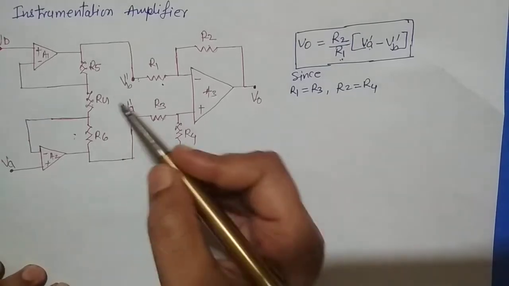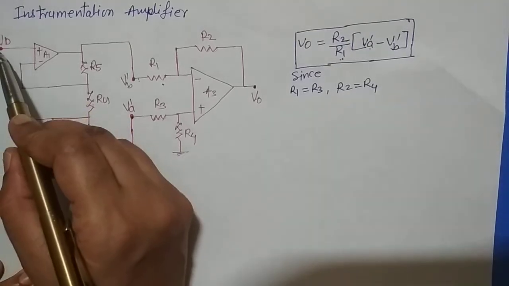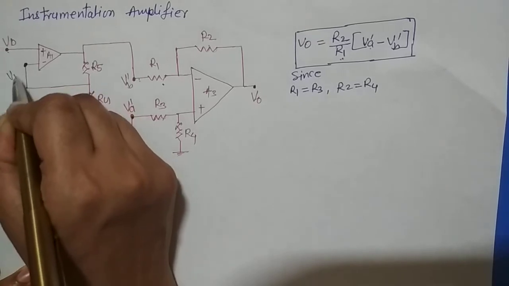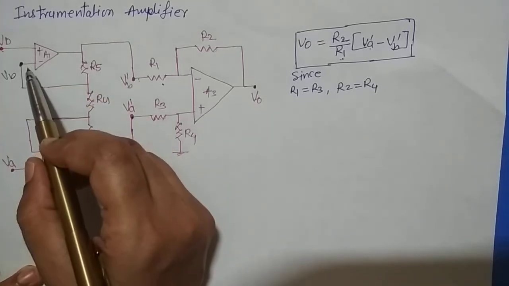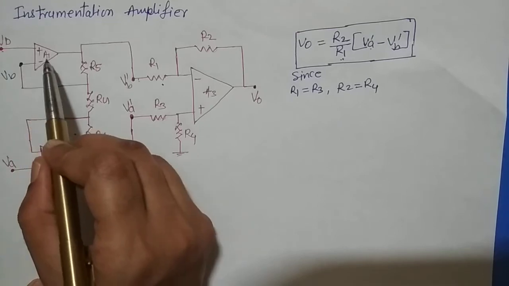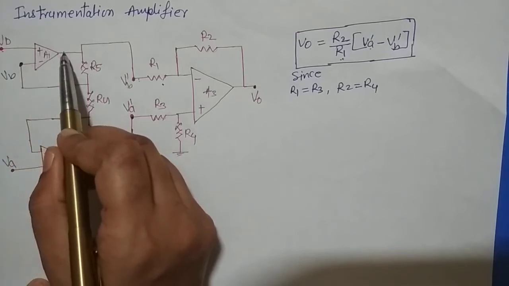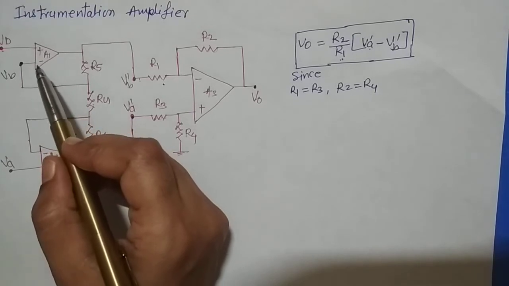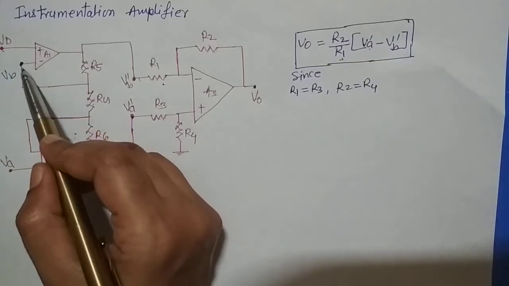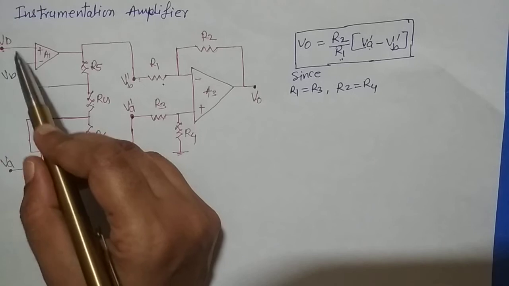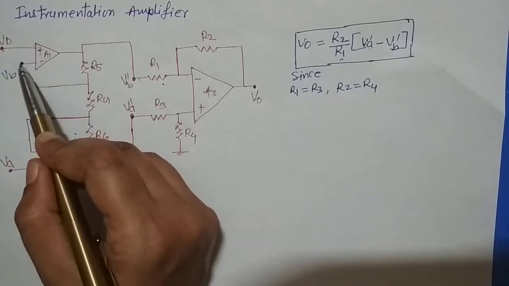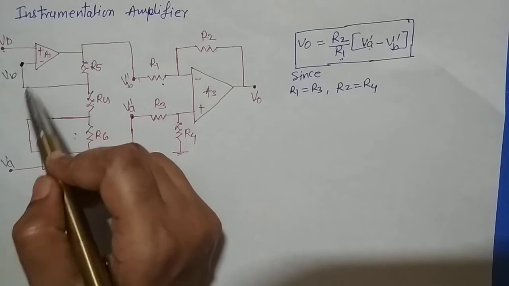Here this voltage is VB, so at this point the voltage will also be VB, because we know that the gain of the op-amp is very high, ideally infinite. If the gain is infinite, it means the input terminal voltages are equal. So here VB is applied, so at this node VB also exists.